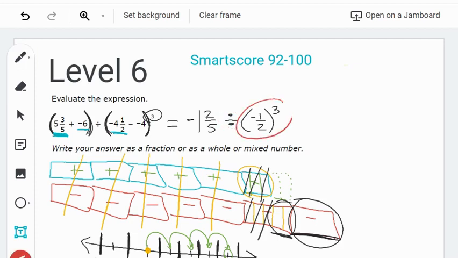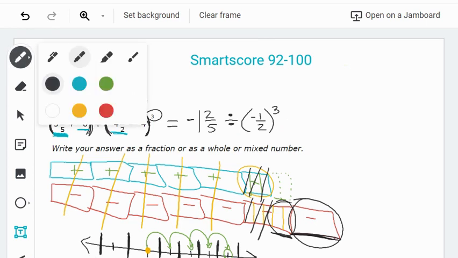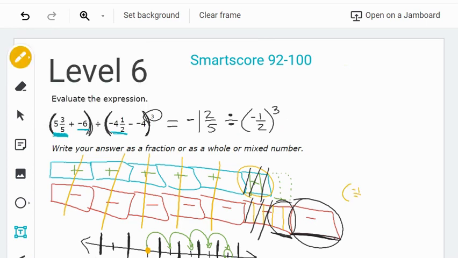But exponents come first. Okay, so a third power means multiply that same thing by itself 3 times. Maybe we'll do that off to the side as well. -1/2 to the third power just means -1/2 times -1/2 times -1/2.